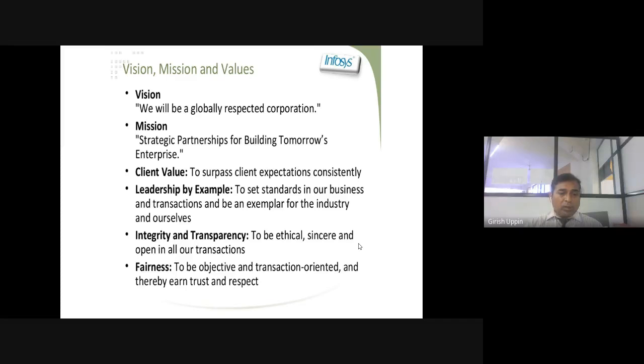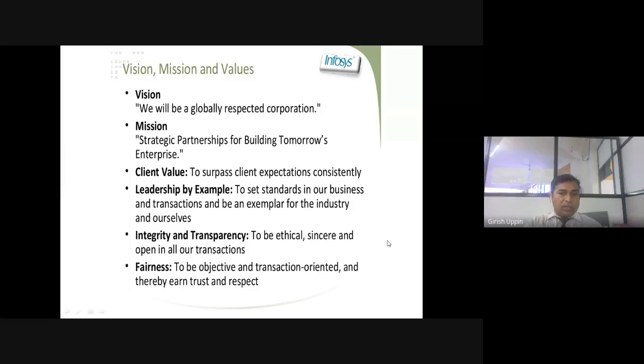So when a company highly respects its integrity, and is very transparent in all its transactions, with very transparent policies, it will have a great impact on the employees and also on the client, which will help in increasing its business.